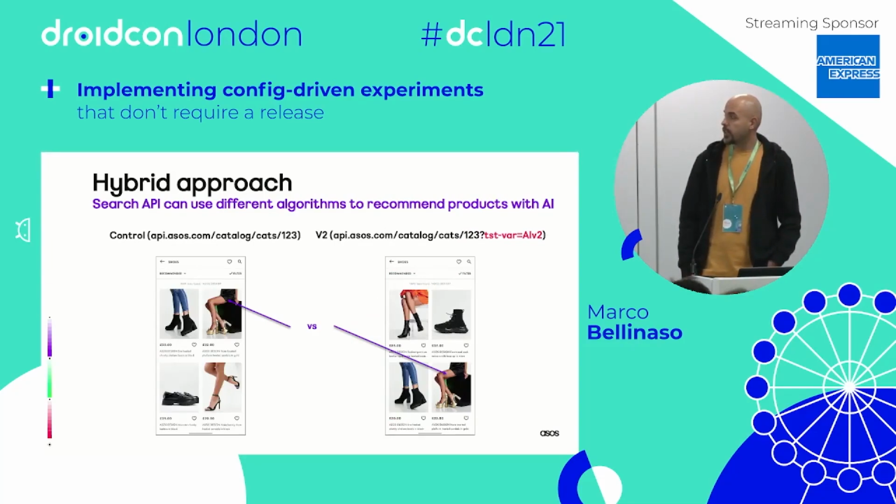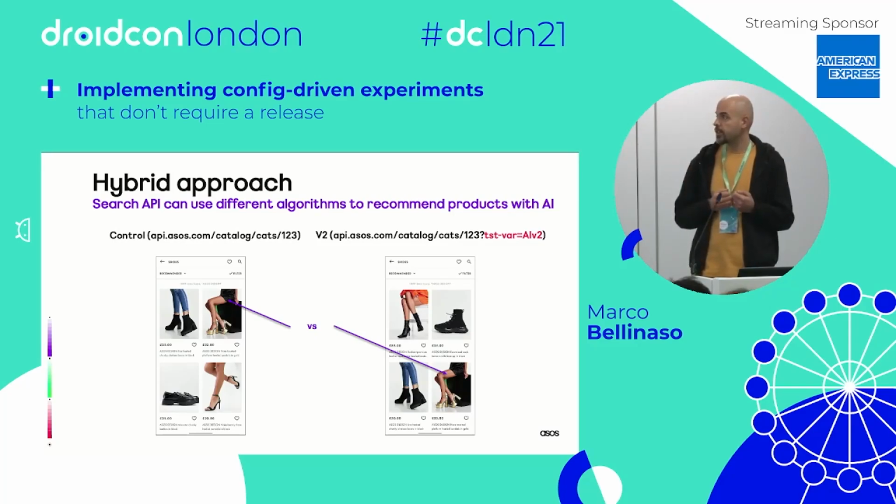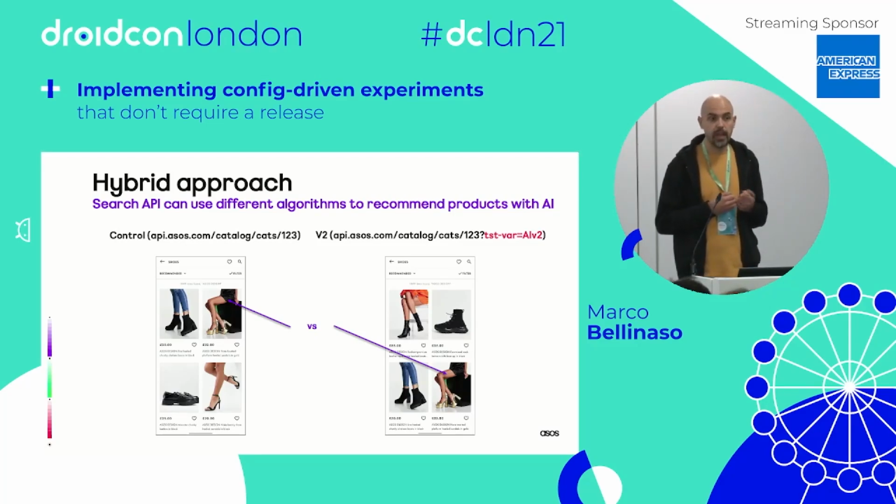Third example is the search page, which is the product listing page that displays products returned by search. Search, according to the parameter that it gets, can use AI and maybe different models of AI to recommend different products at the top of the search results.